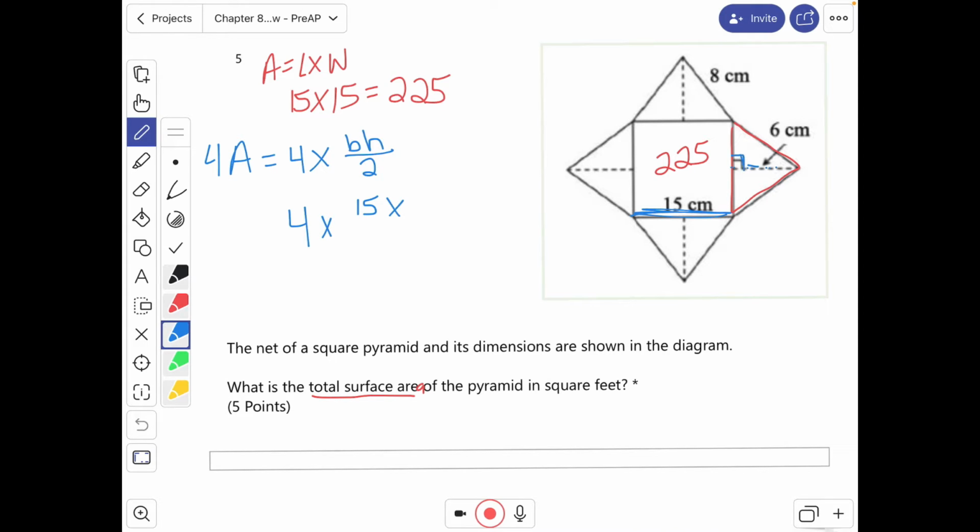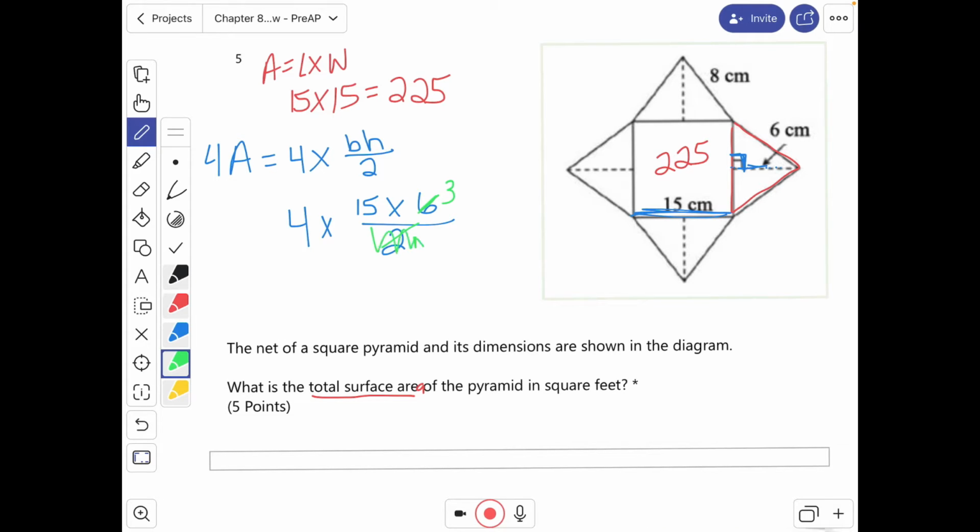Remember, the height has to be where that right angle is, all divided by 2. Remember, we can simplify because this on the right is a fraction. If I divide 2 by 2, that would be 1, and 6 divided by 2 would be 3.